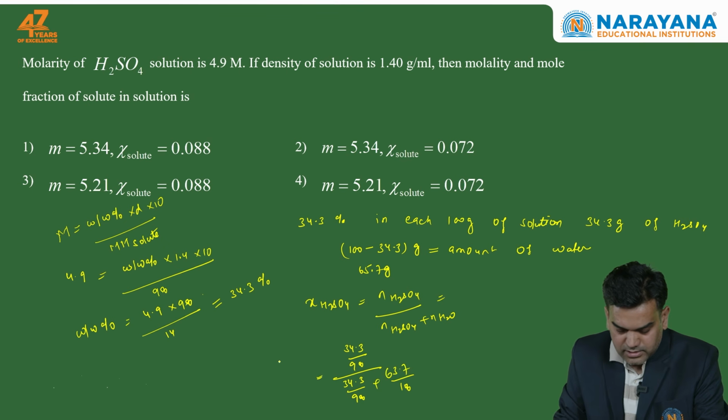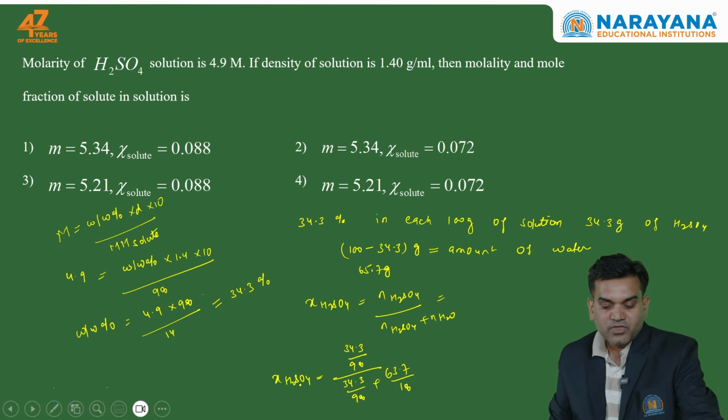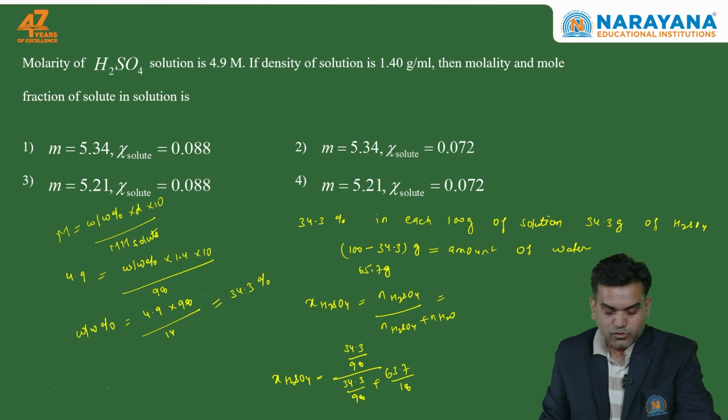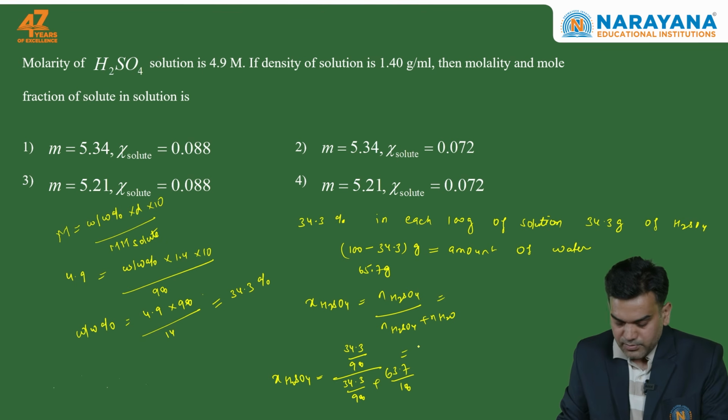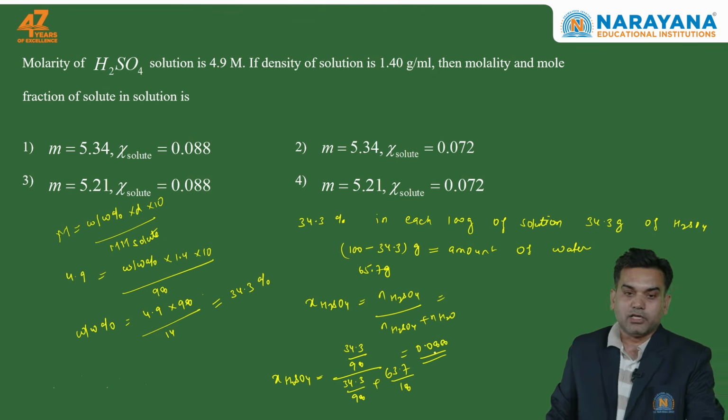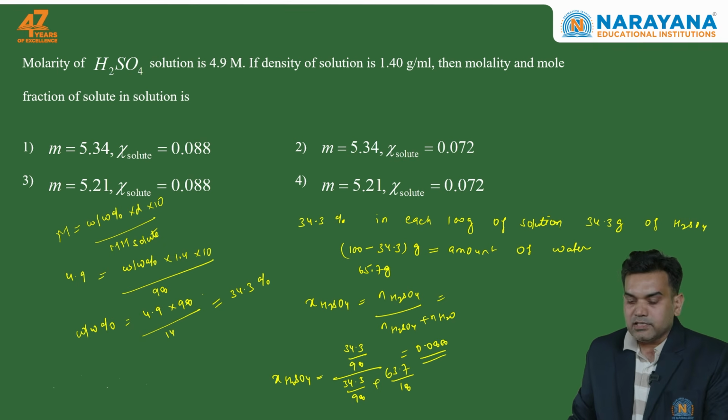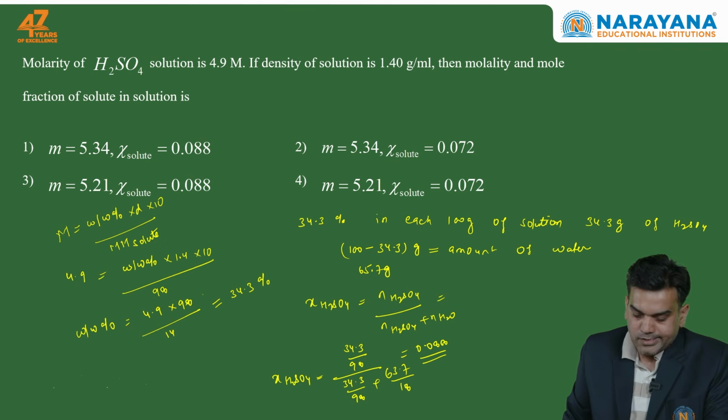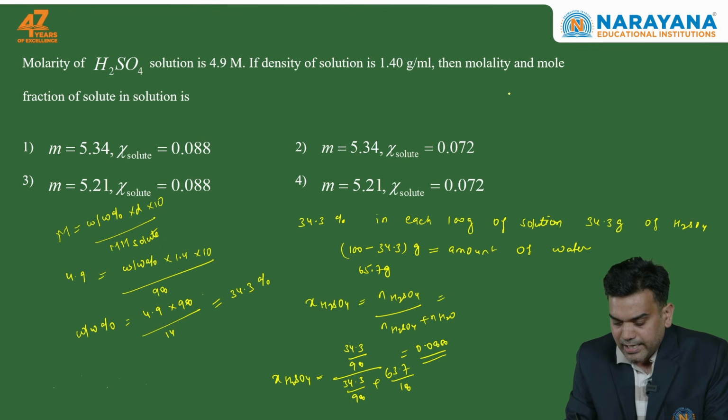This is the mole fraction of H2SO4, and it will be approximately equal to 0.088. After calculations you will find this value. The remaining thing that we have to find out is the molality of the solution. Molality is equal to number of moles of solute divided by the weight of solvent, but this weight of solvent should be in kg.